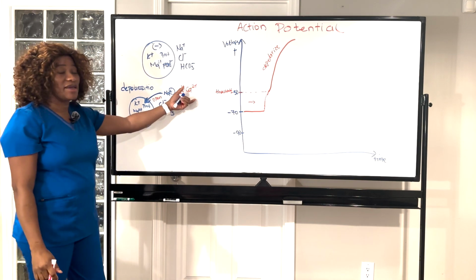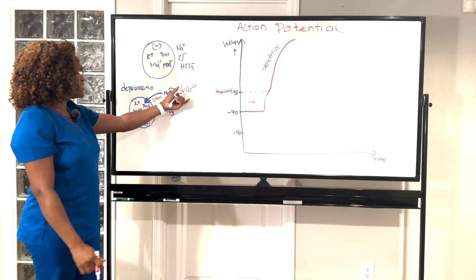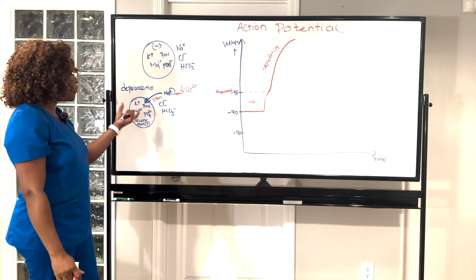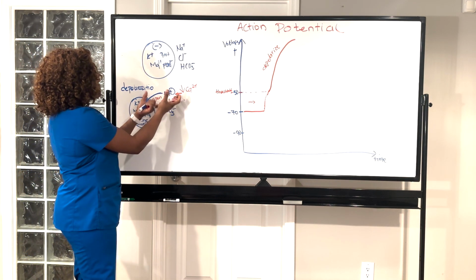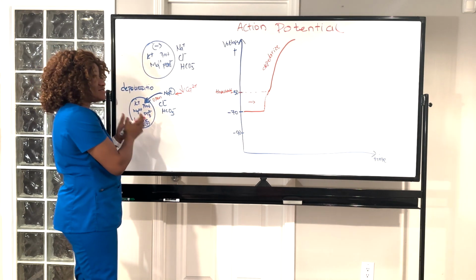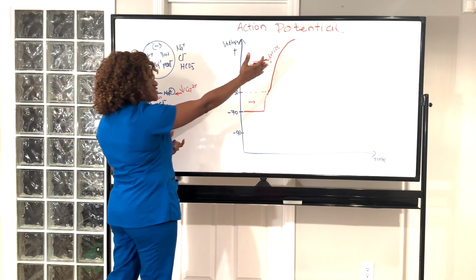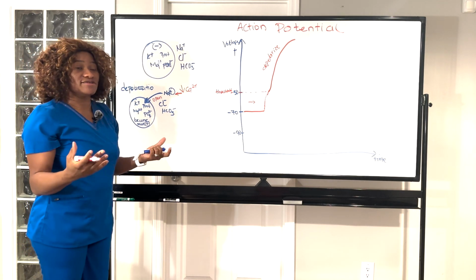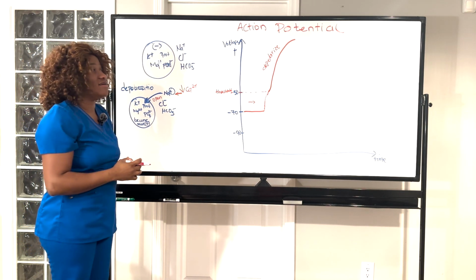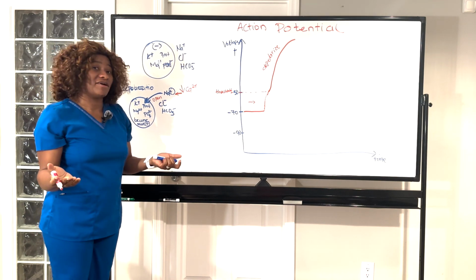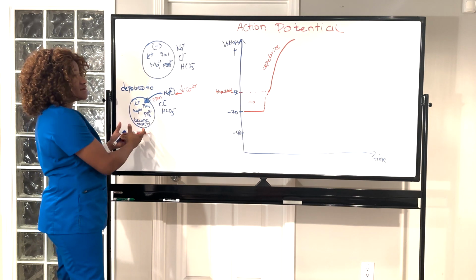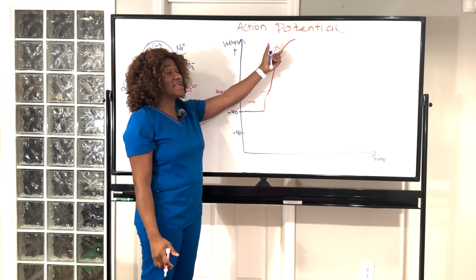So if we have hypocalcemia, the decrease in blood calcium is going to favor the sodium ion channel being open. So we're going to have more sodium going inside the cell. We're going to have an increase in depolarization, and it's going to give us symptoms like tetany, hyperactivity of our reflexes, because the cell is becoming more positive and is depolarizing.